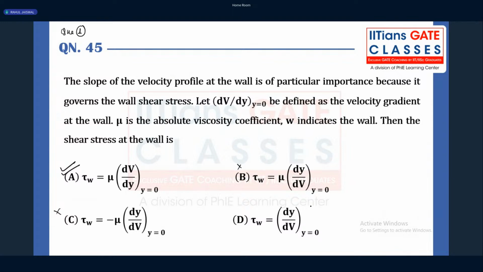Because whenever you equate tau versus du by dy, definitely one proportionality constant will come. That is nothing but viscosity, and that viscosity we call the absolute viscosity coefficient. So that is regarding question number 45. A is correct.